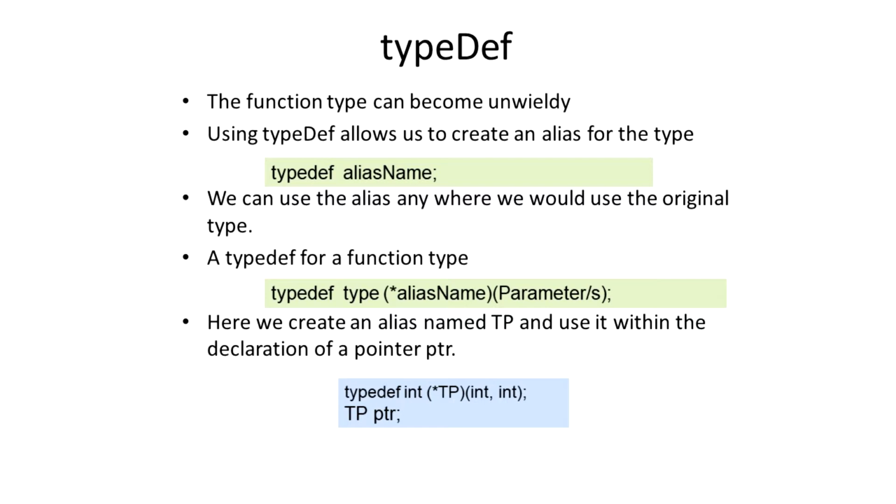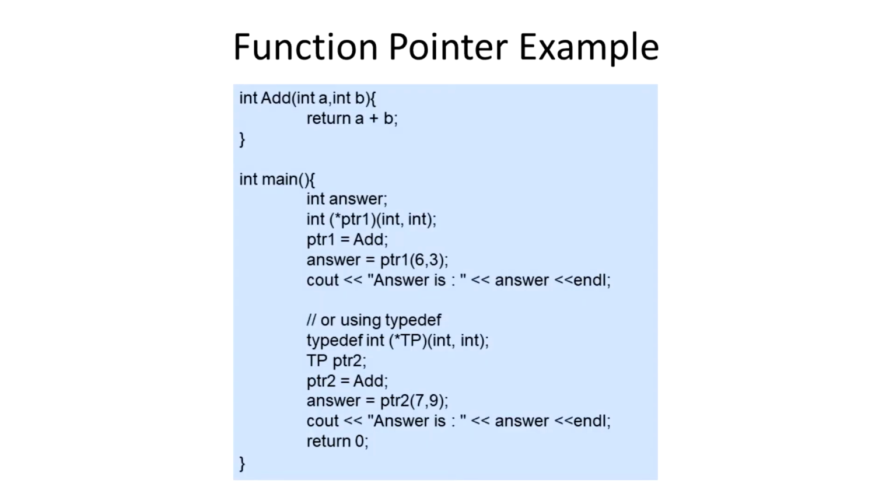Okay, so if we go back to our previous slide now, in the second half of the main function, that's where we define our alias for function pointers that point towards functions that have a return type of int and take 2 parameters. And therefore, we can then refer to that type to create the pointer.